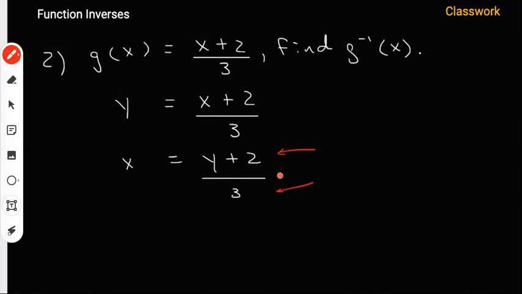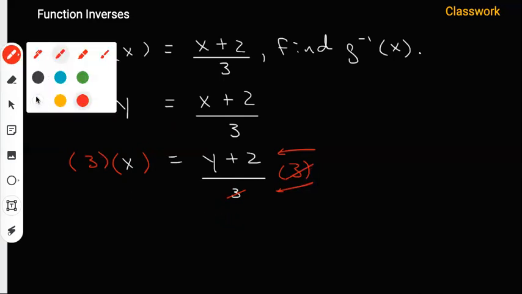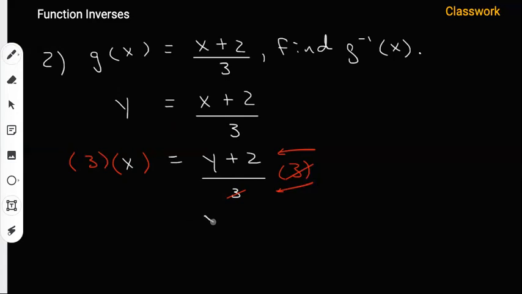So to get rid of a 3 on the bottom, I'm going to multiply both sides by 3. So that way, the 3 on the top and the bottom cancel out. And I'm left with y plus 2. On the other side, I'm left with a 3 times x, which is just going to give me 3x.